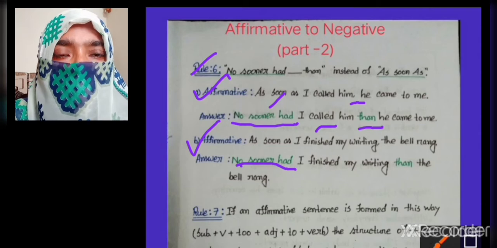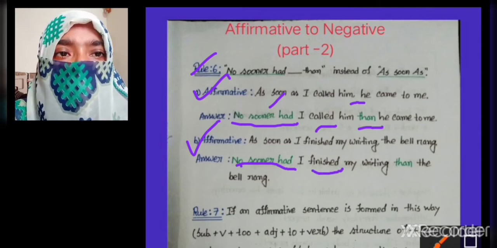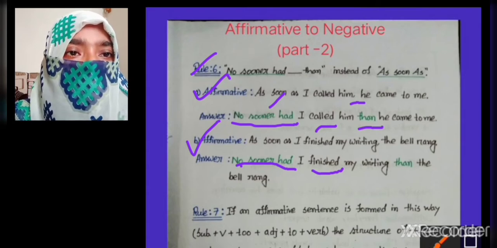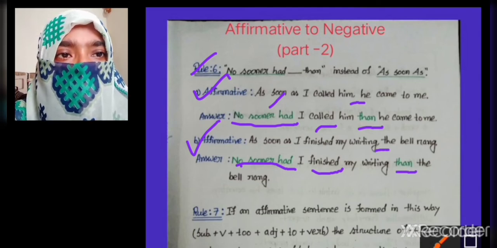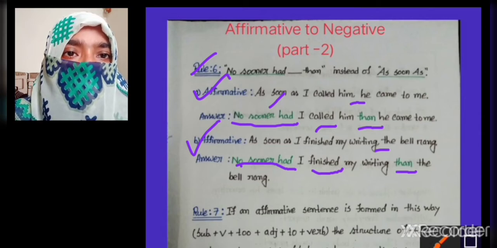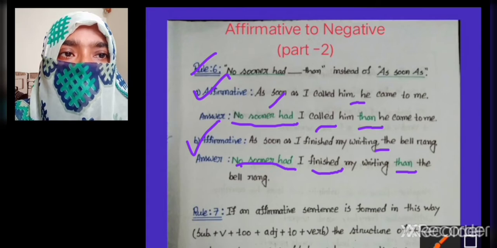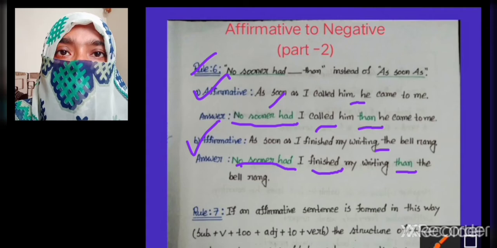As we have used here "had", the verb is in the third form, that means past participle. Then the object of the subject sentence, "my writing". Then we have used here again "than" instead of the comma of the affirmative sentence. Then the sentence after "than" will be in the simple past form. You have noticed here that "the bell rang" is in the simple past form.